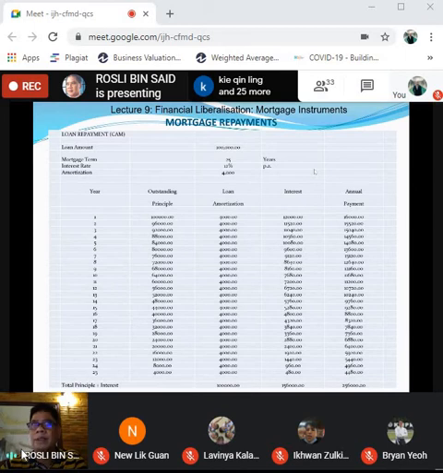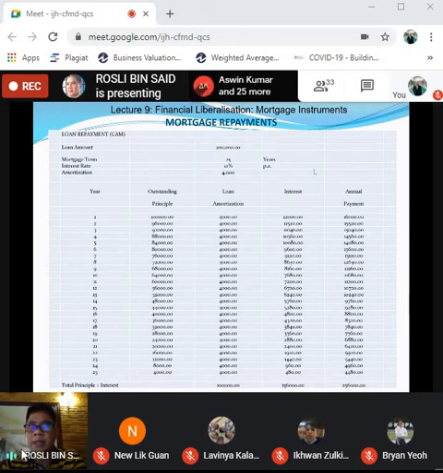And then you can ask, let's say you want to borrow 500,000 from the bank, and the bank will definitely come out with the constant payment mortgage first. The bank says, based on your age, you are entitled to a 35-year mortgage. And now during COVID-19, the government has reduced the rate to 3% only.